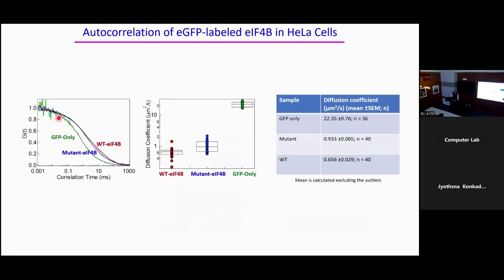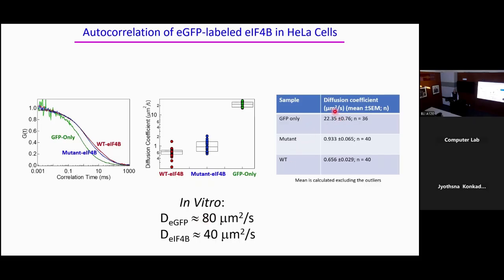GFP only. So they made a cellular construct that just has the EGFP, and it's showing a diffusion constant of 22 micrometers squared per second. That's about 4 times slower than what GFP would do in vitro in a regular aqueous non-viscous buffer.